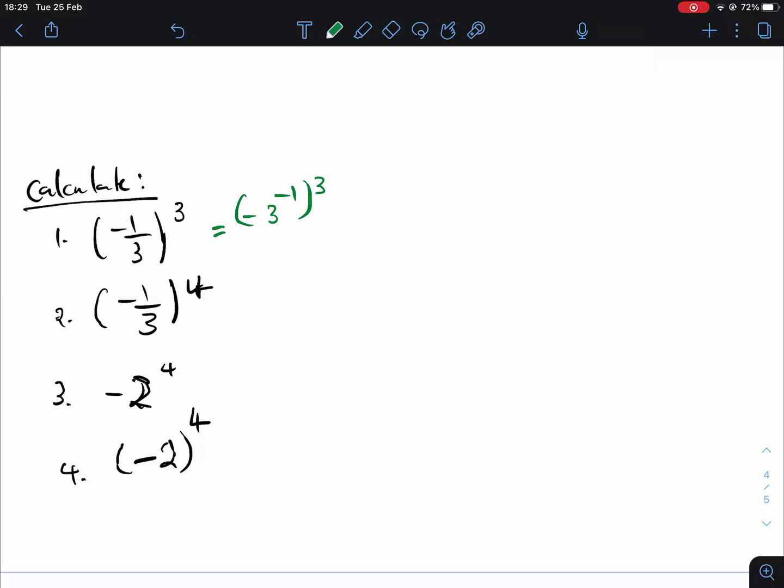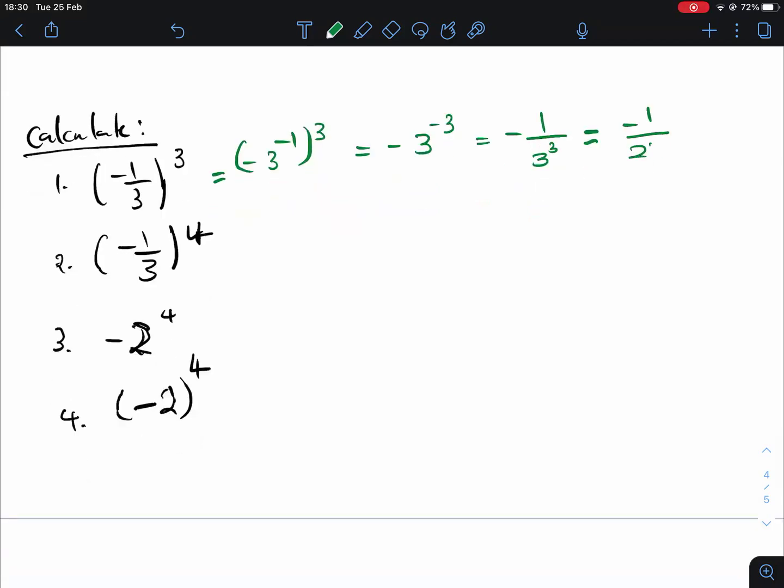After that you can say -1 over 3 cubed, which is 1/27. Don't forget the minus. So it goes to -1/27. Correct?